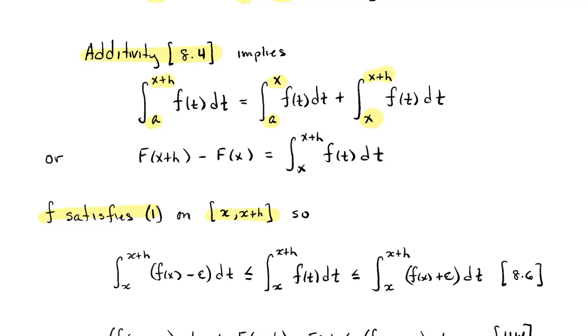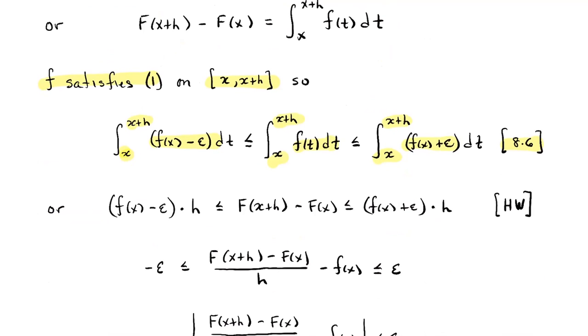So using the monotone theorem, the order property of integrals, if I integrate f of x minus epsilon, I would get something no more than the integral of f, which would be no more than the integral of f of x plus epsilon. All on this interval from x to x plus h. So that's using 8.6.